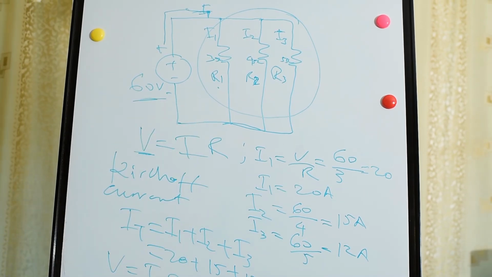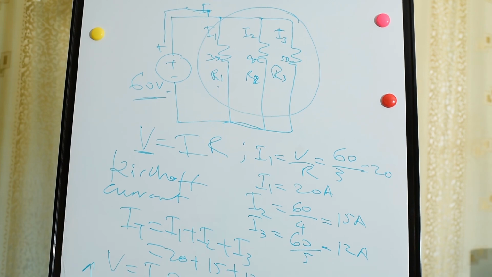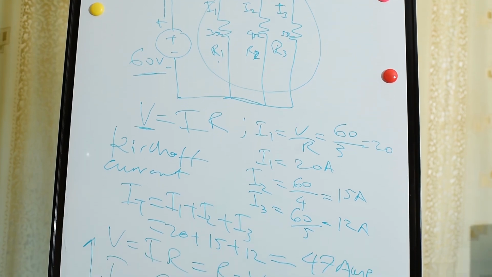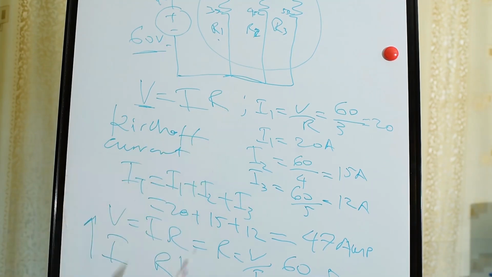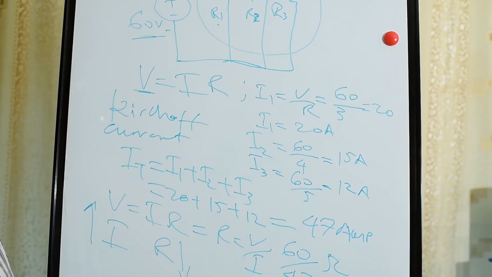So current is inversely proportional to resistance. If we increase the current, the resistance should go down, and the voltage should remain constant. Also, we have seen here the voltage is constant because the circuit is parallel.